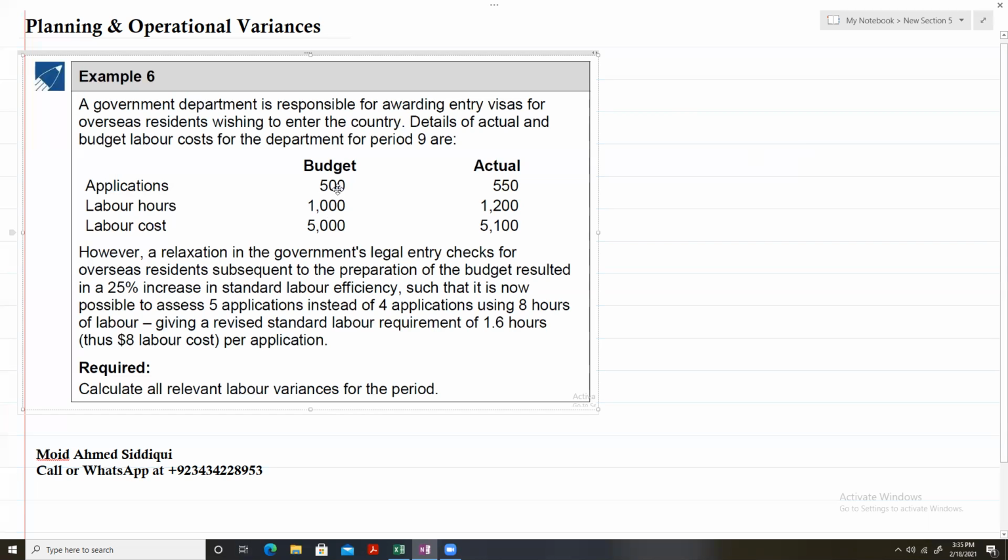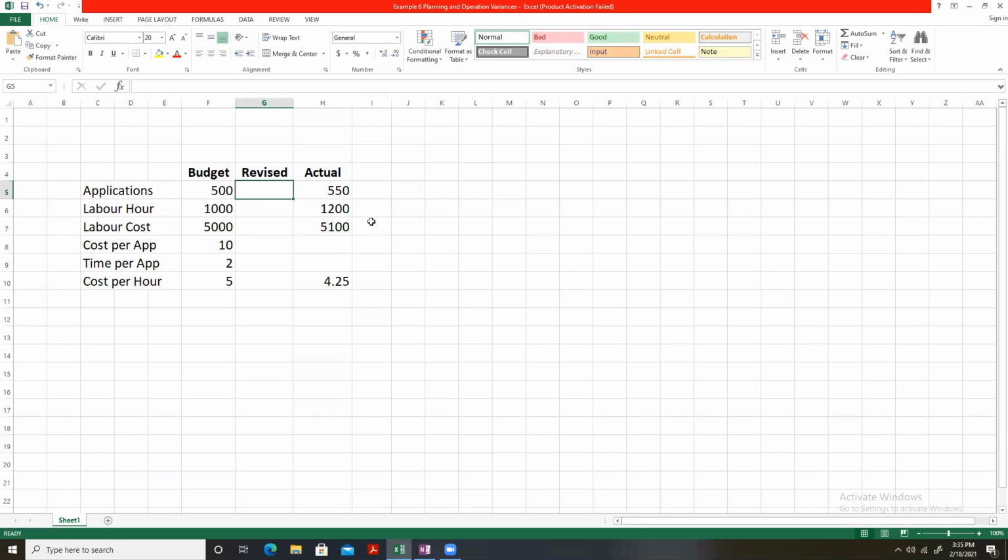The budgeted number of applications is 500. But now we can process 5 applications instead of 4 in the same time. This means that we need to change this figure to the revised conditions. Before the improvement in the labor efficiency, we were able to process 4 applications, but now we are able to process 5.